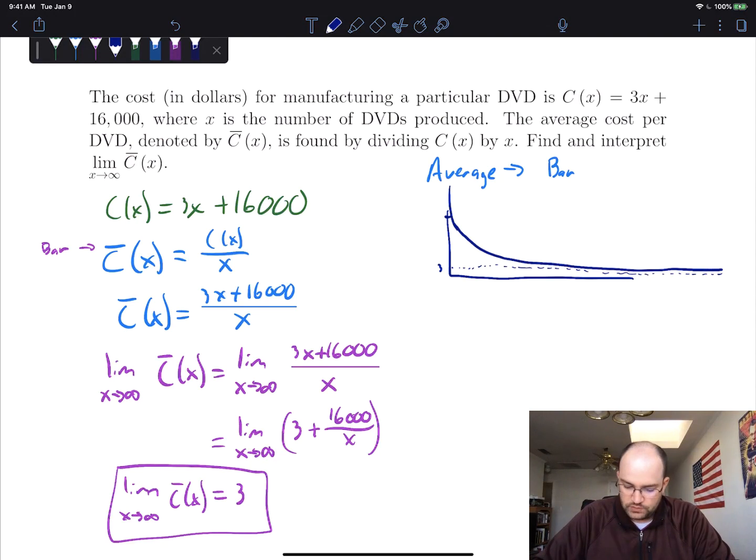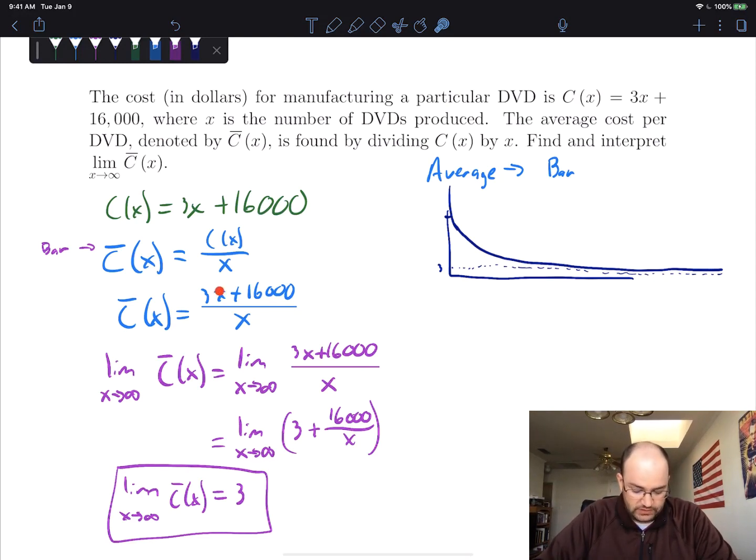Now, the reason that we have this vertical asymptote is because if X becomes 0, well, we're dividing by 0. But notice that if we produce a single DVD, what do we have? We have 3 times 1, which is 3 plus 16,000, so it's 16,003 all over 1. So the average cost for a single DVD would be 16,003. And that's probably not all that good for a DVD.